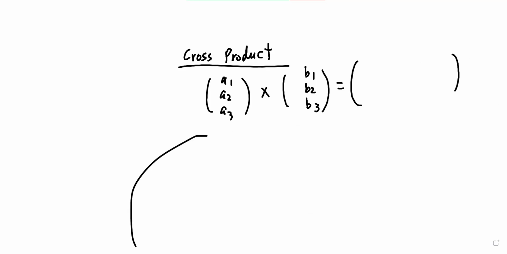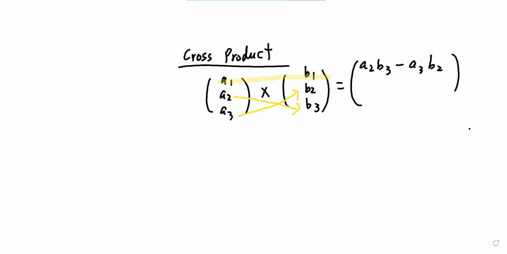To get your I component for your cross product, first of all, I cover the top. It will be A2B3 minus A3B2. Next, for the J component, I will cover the middle.